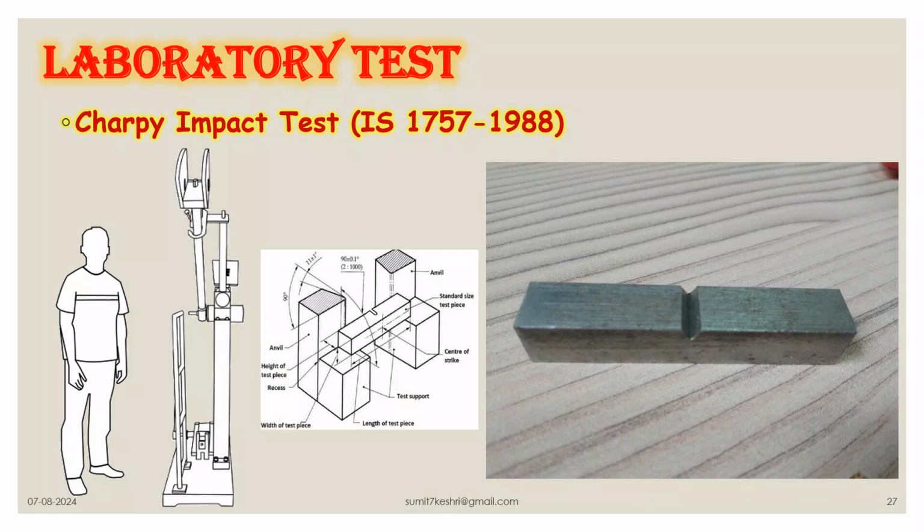The specimen is placed in a simply supported manner, that is, the specimen is supported at each end as shown in figure. So in the Izod test, the specimen is placed in vertical cantilever, but in the Charpy test, the specimen is placed in simply supported manner.